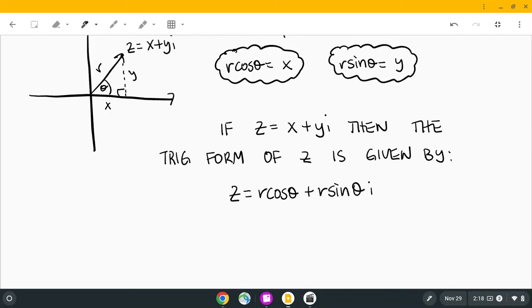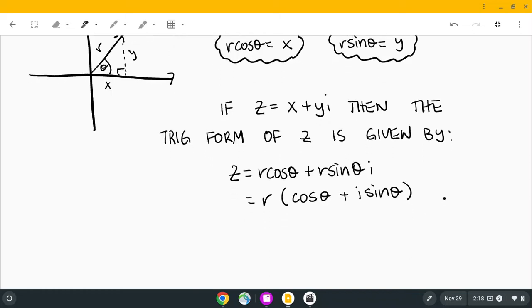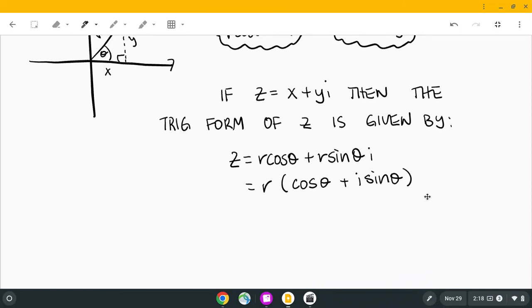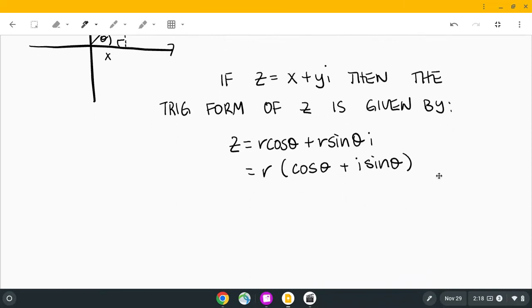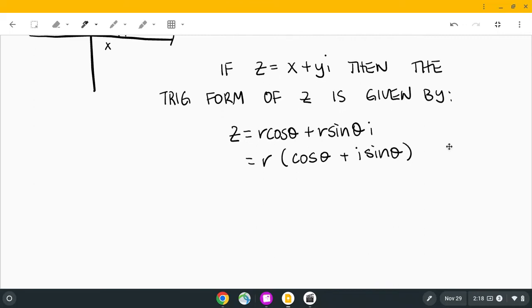Another way to write this is with r factored out: r times cosine theta plus i sine theta, where we put the i in front of the sine just to make sure it's understood that we're not taking the sine of an imaginary value. So this here is the trig form of a complex number.